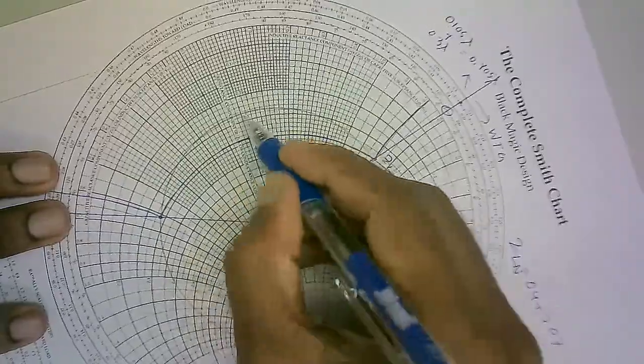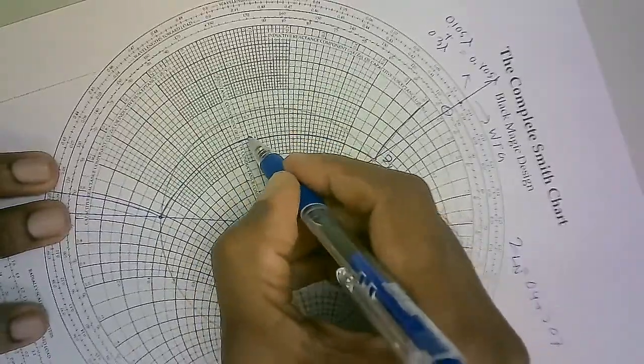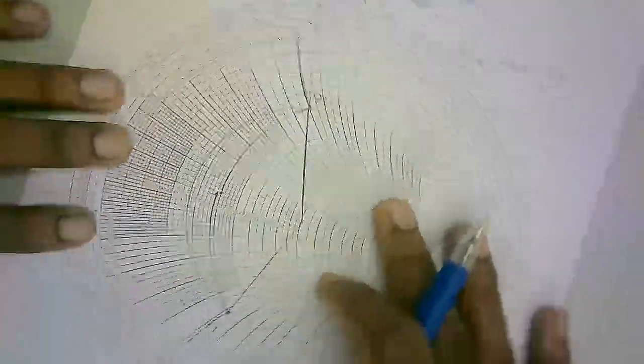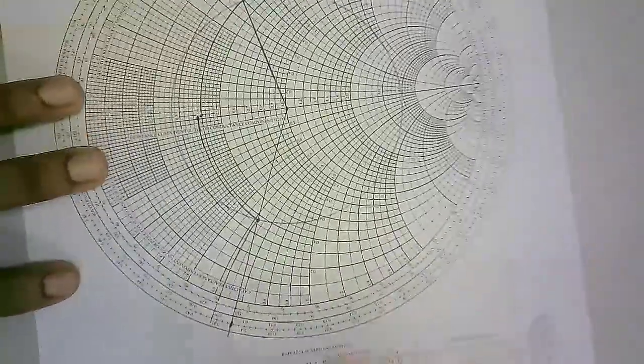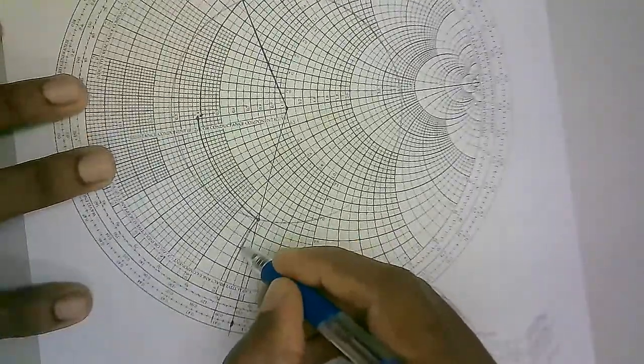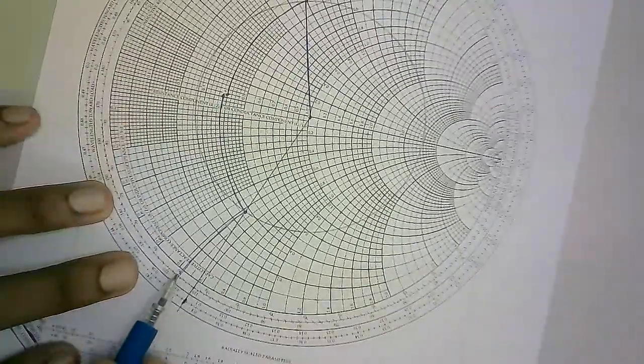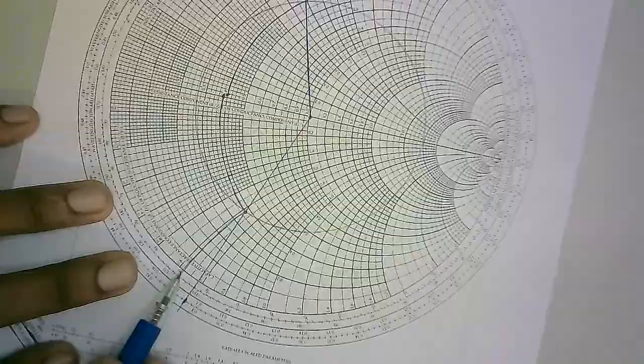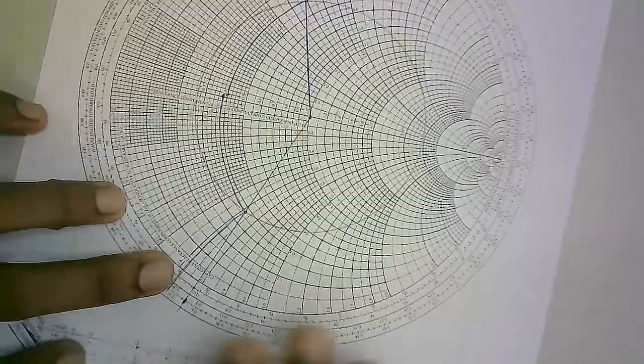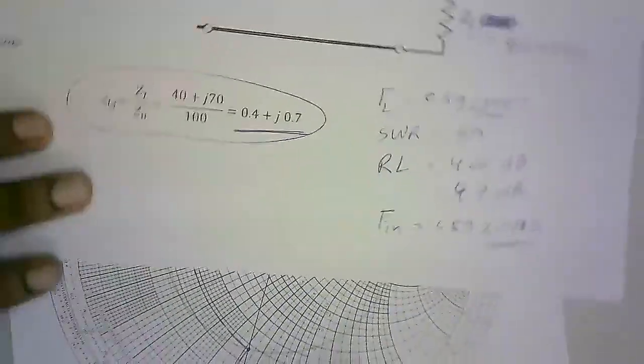So it's 0.39, and then this one is negative, you find it here, 0.62.